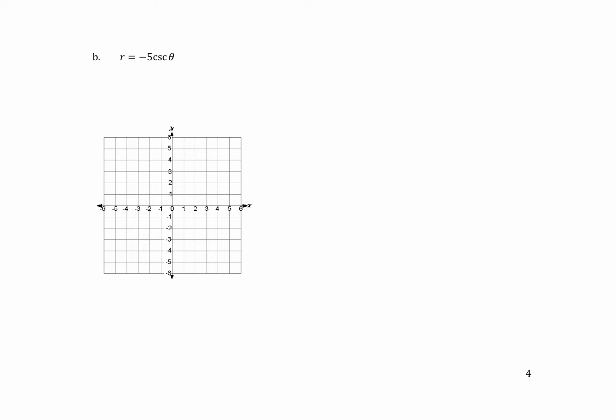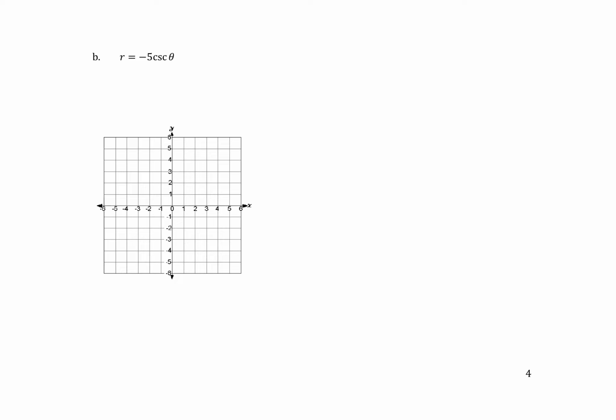So r equal to -5 cosecant of theta. Okay, well, I'm switching this to rectangular. I don't have a cosecant in there. I have a tangent. So my first instinct is I have tangent, I have sine, I have cosine, but I don't have cosecant. So my first instinct is to get rid of the cosecant and change it to the reciprocal of cosecant, which is sine.